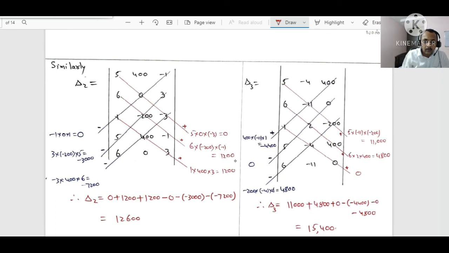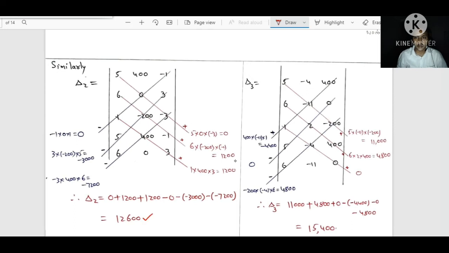Similarly, find out delta 2. While finding delta 2, you have replaced the second column. So here delta 2 is 12,600, and delta 3 is 15,400.